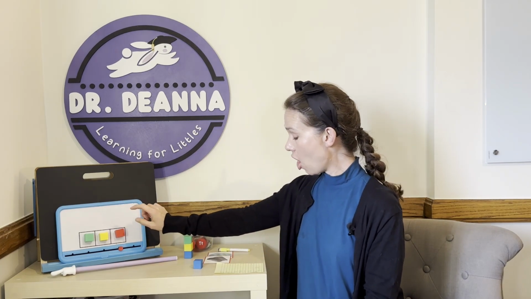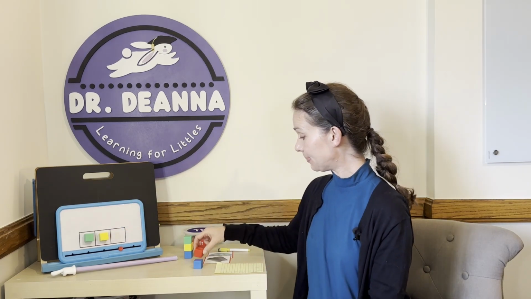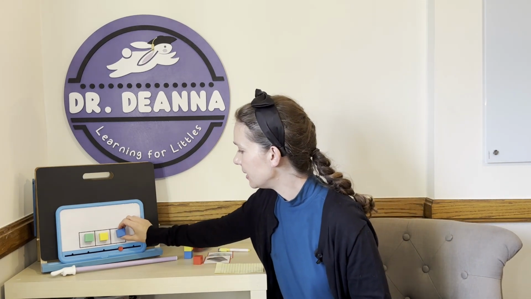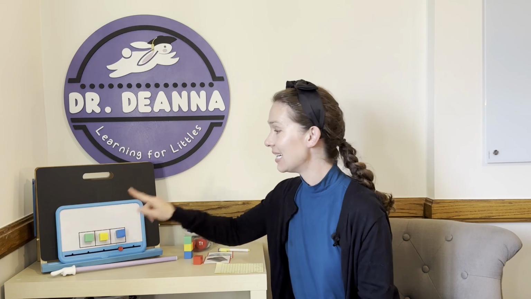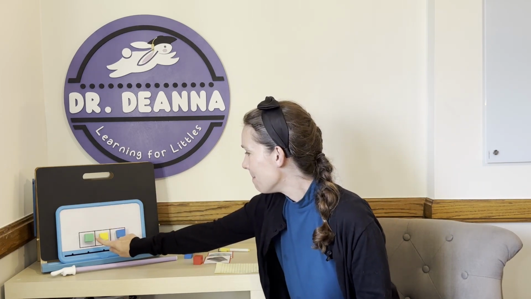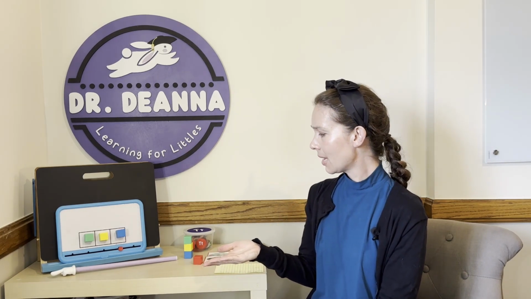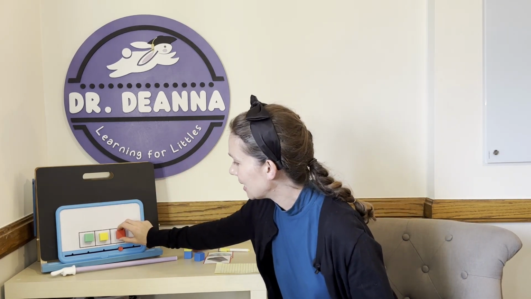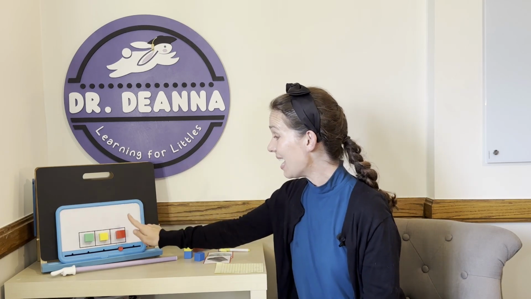I have to take off that n at the end, and I have to change it to a d. Now blend it. Mad. But what if I want to make this word mat? I need to take off that d and add a t. Blend it. Mat. Very good.